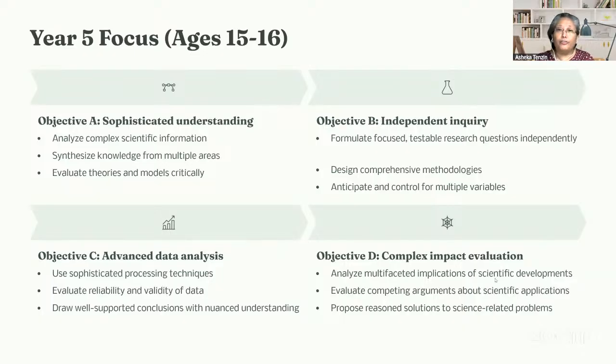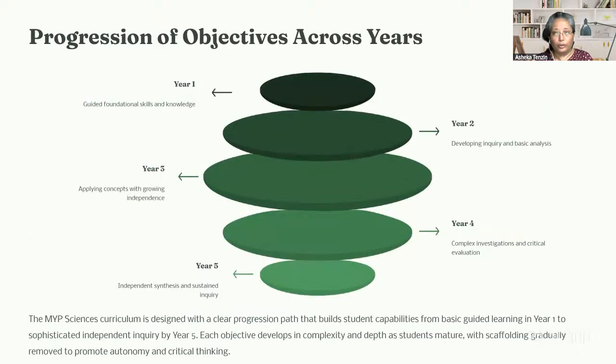So now here you see that the students are becoming independent learners in grade 10. Okay, so you have the objectives for grade 6, grade 8, and grade 10. And these objectives are similar to your assessment objectives. Okay. So now how does the progression of objectives take place across the years, across year 1 to year 5?